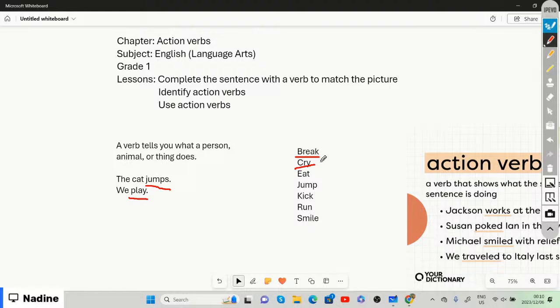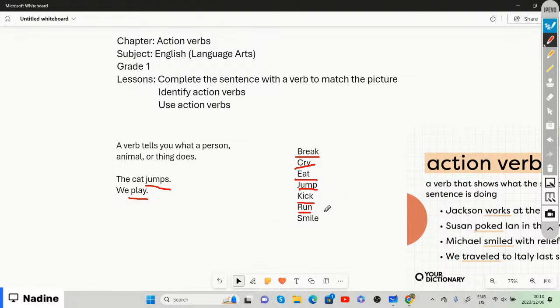Eat. If you are eating, it's an action that you're doing. Jump. We made an example of the cat jumps, so jump is our action verb. To kick a ball, if you're running around and kicking a ball, that is the action that you are doing.